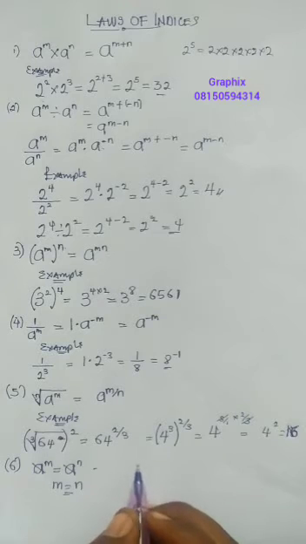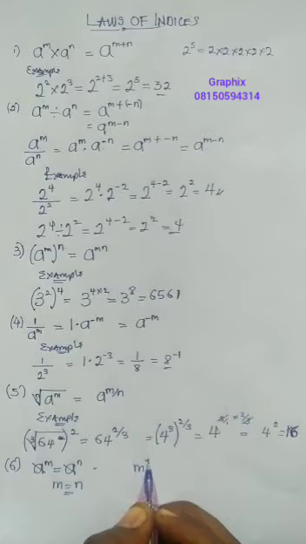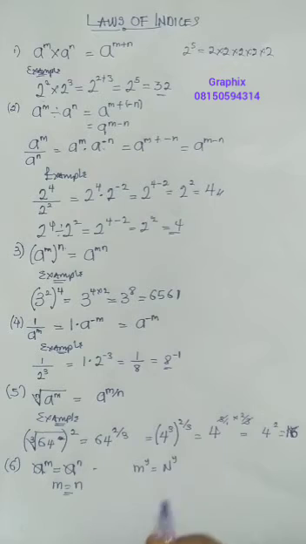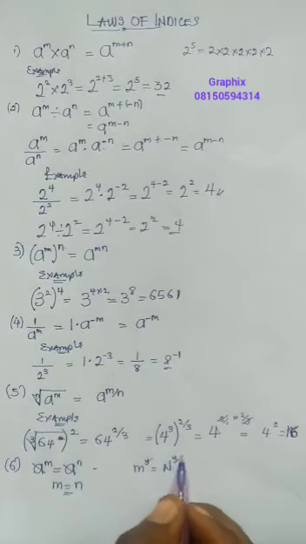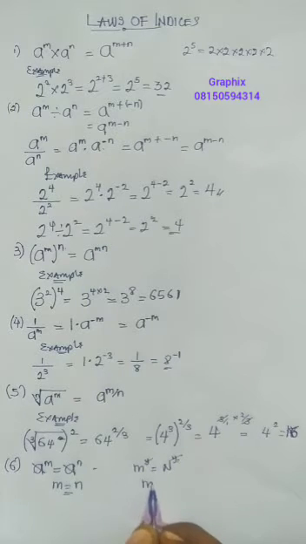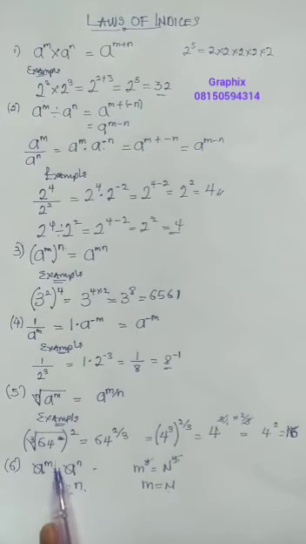Similarly, if I have m raised power y is equal to n raised power y, they have the same power, so my m will still be equal to n. So this is in 2 different scenarios. When the bases are equal, the powers equate each other, and when the powers are equal, the bases equate each other.